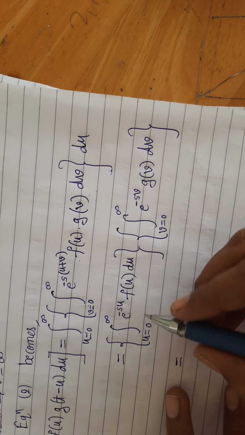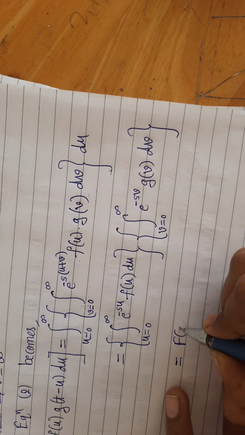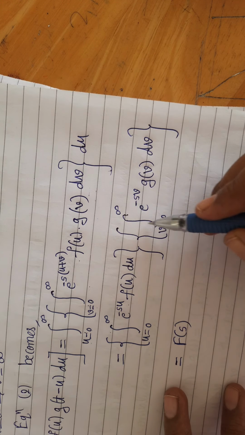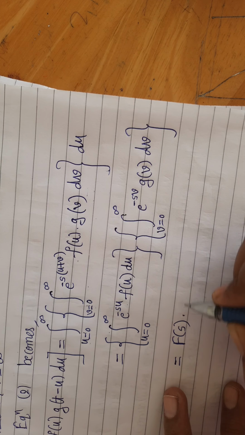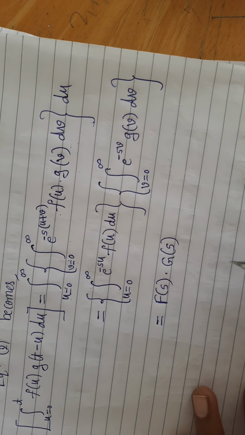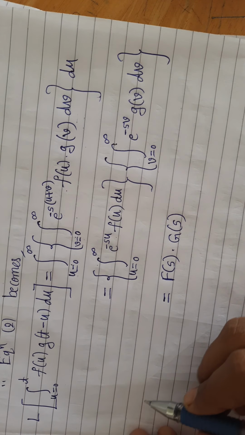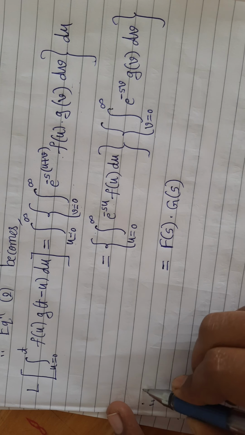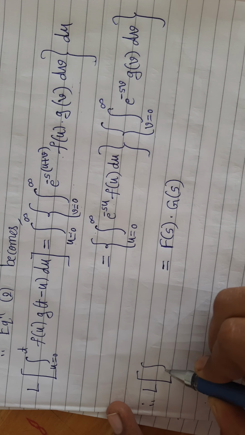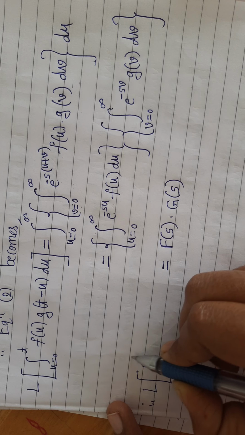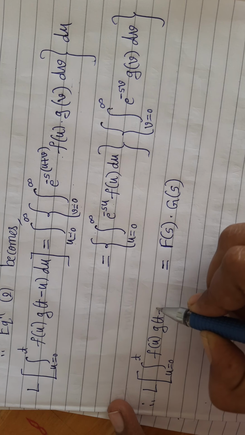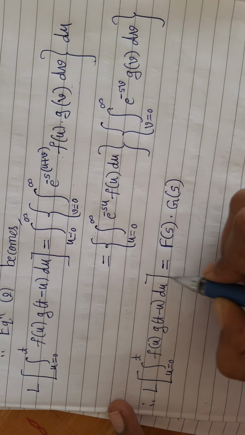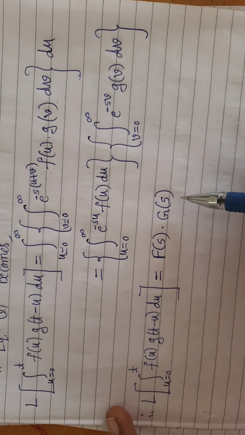So this can be written as f of s, and this is the Laplace transform definition in terms of g, so that can be written as g of s. So on the left hand side, L of integration from u equals 0 to t, f of u into g of t minus u into du, we are getting as f of s into g of s.